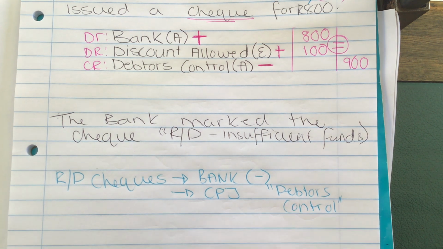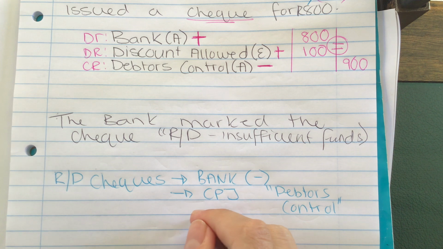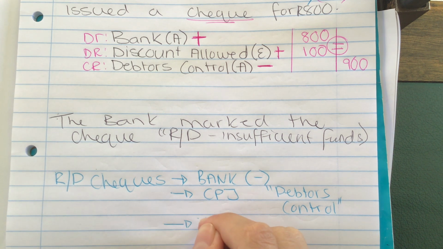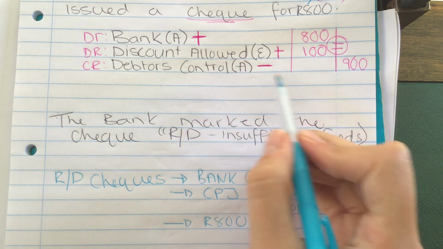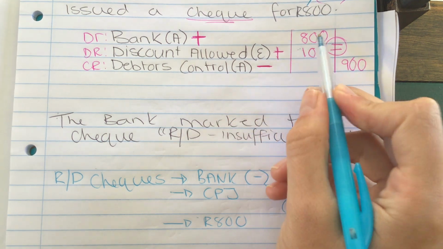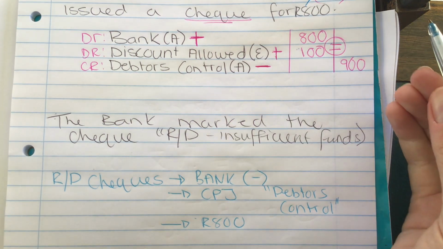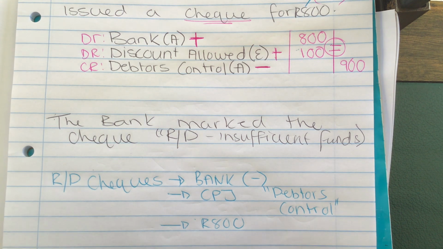Now, you guys were used to just doing that, but then I have to ask you a question, okay? This is the 800 Rand that we're dealing with now. We did not receive that 800 Rand. We took that check to the bank and they said, this person doesn't have any money. So we know we didn't receive this 800 Rand.